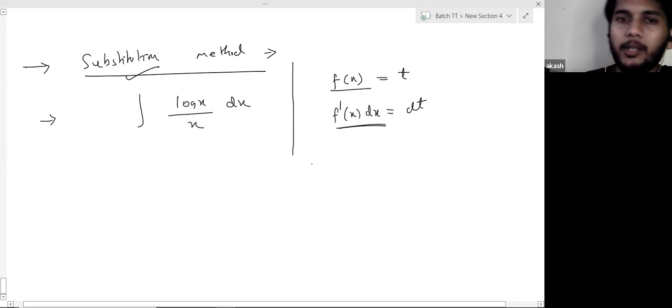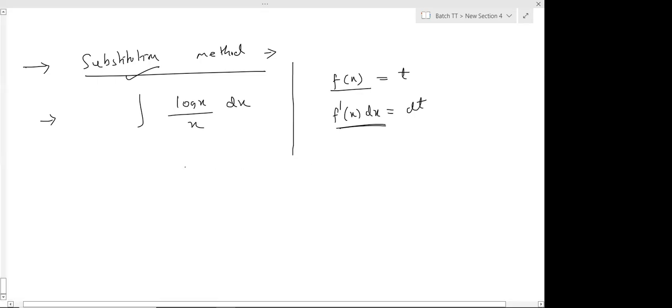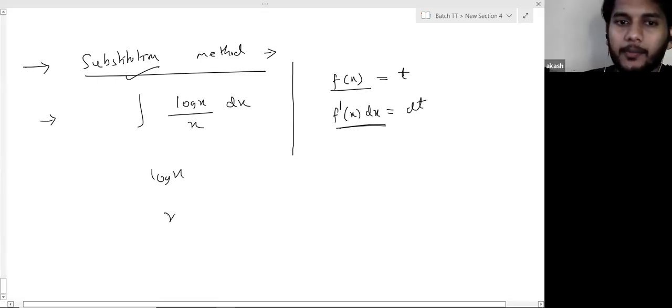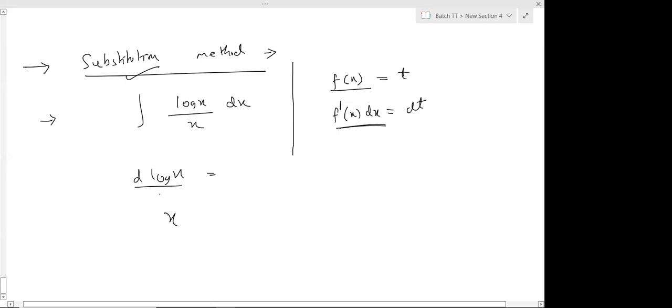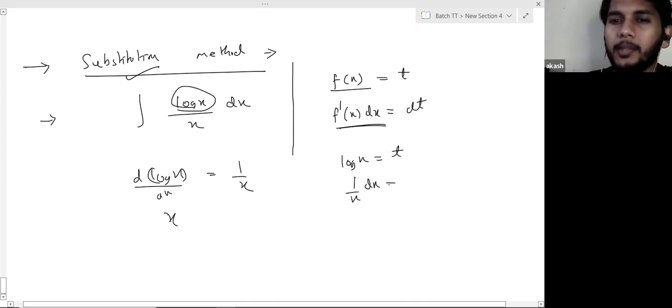Now in this question, how many functions can you see, Jiva? Two functions, log x and x. So can you tell me the differentiation of log x? 1 by x. So if I take log x as t, if our f of x is t, then 1 by x dx will be dt.